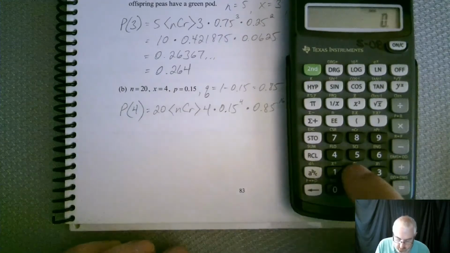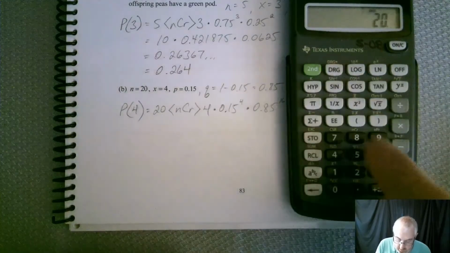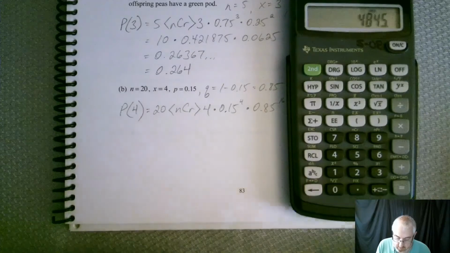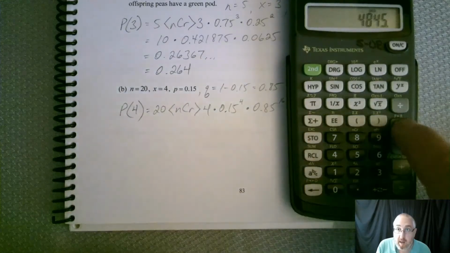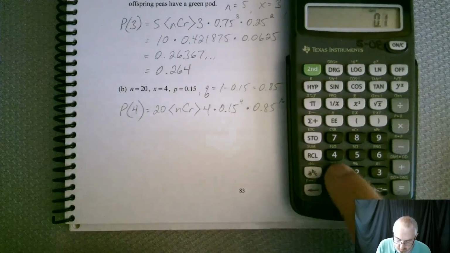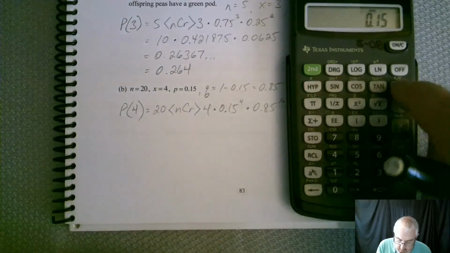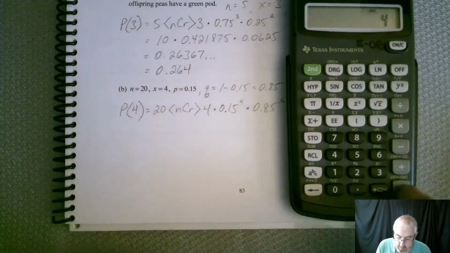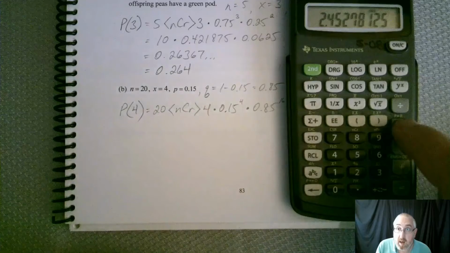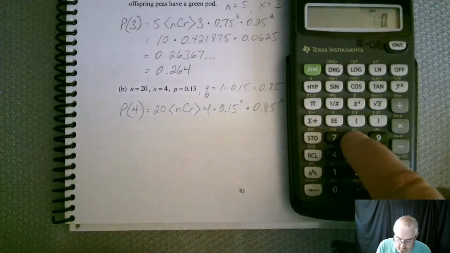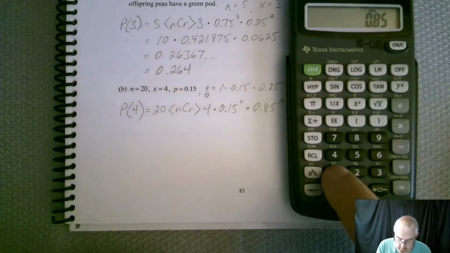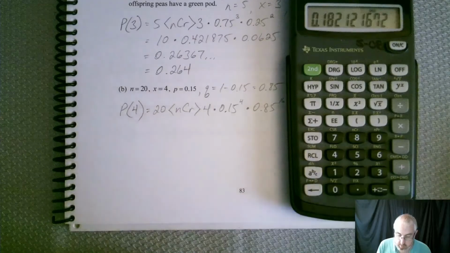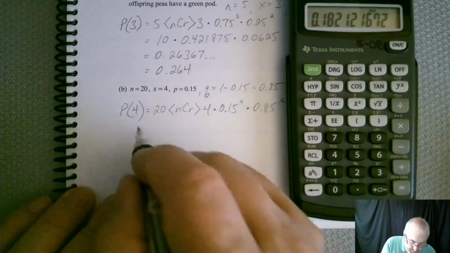So we got 20 NCR 4 equals that times 0.15 raised to the 4th equals times 0.85 raised to the 16th equals. So that should be our answer.